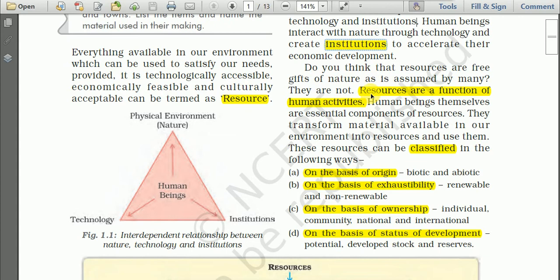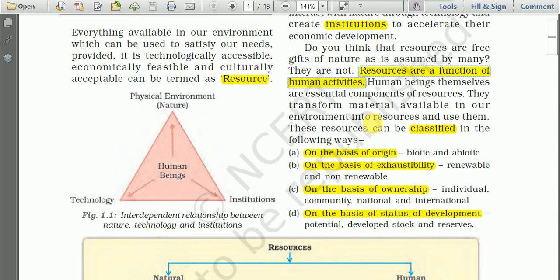One important statement is here: resources are a function of human activities. What does it mean? It implies that any substance can become a resource only when it is utilized by human beings.